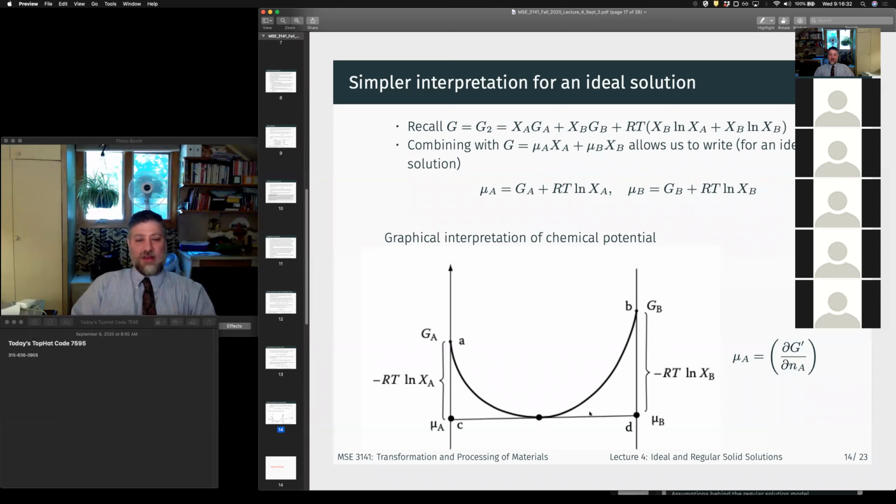So if we look at this Gibbs free energy curve and we look at where the intercepts are, if we take a tangent line and project it back, right, that gives us our chemical potential, right? And we see that if we're out here, if we draw a tangent line for B at this point, we can see that it's going to have a much higher chemical potential.